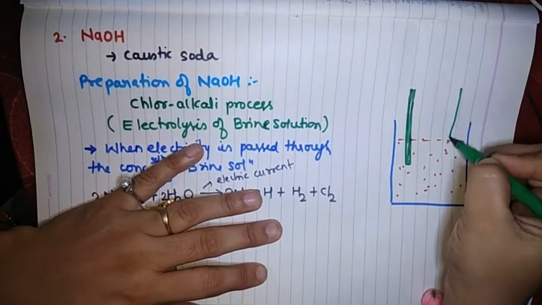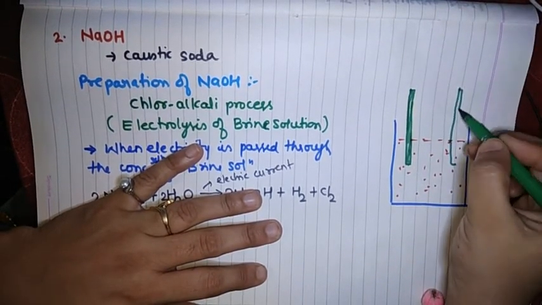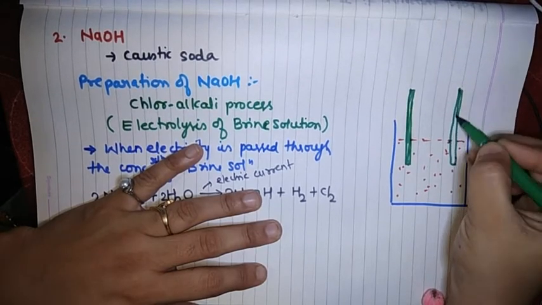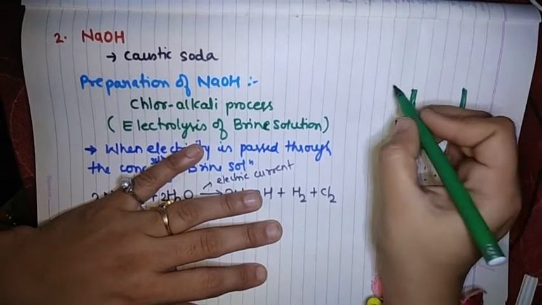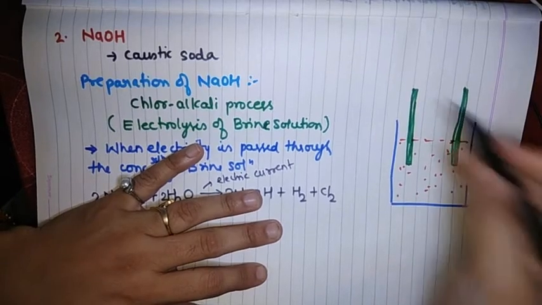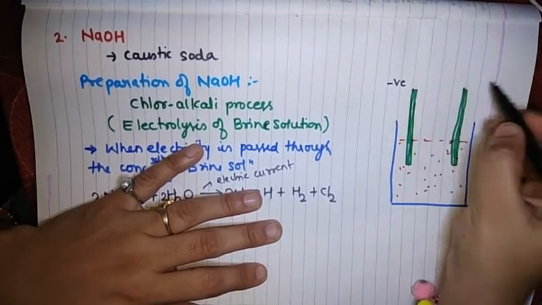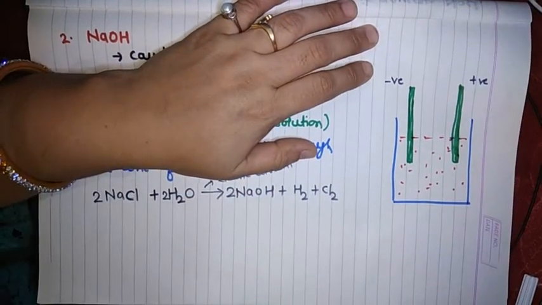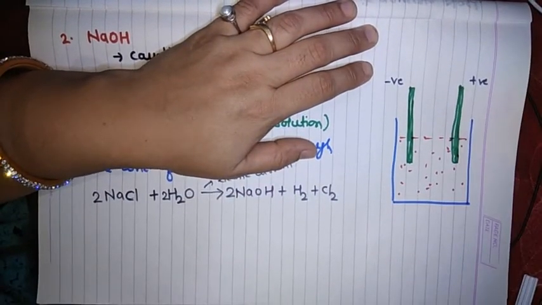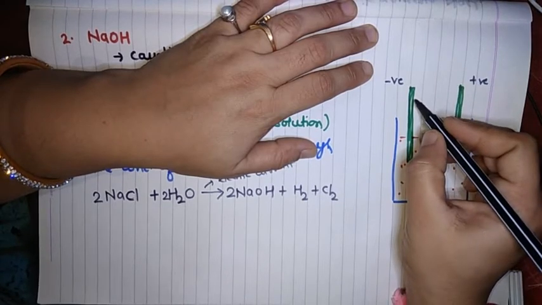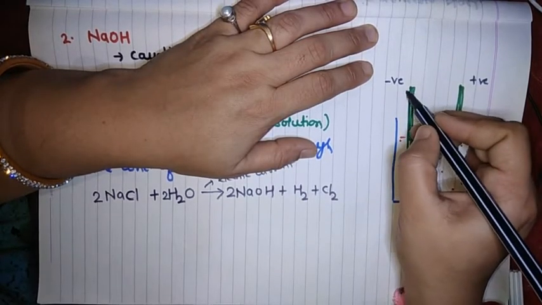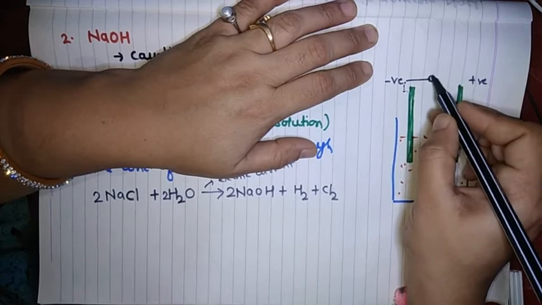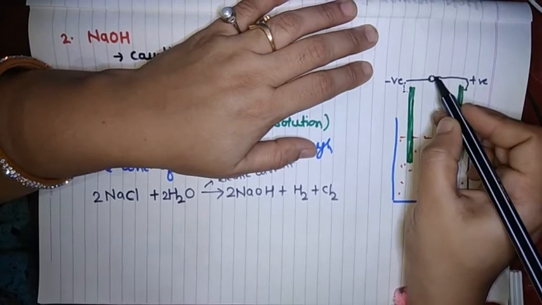Two electrodes, one will be your cathode and another will be your anode. Suppose this is a negative electrode, then this will be a positive electrode. Now if we connect the battery with this, then our circuit will be completed.